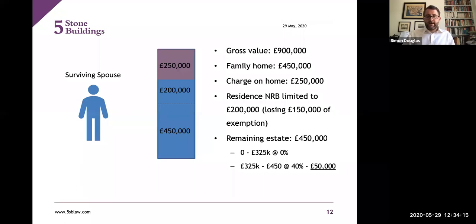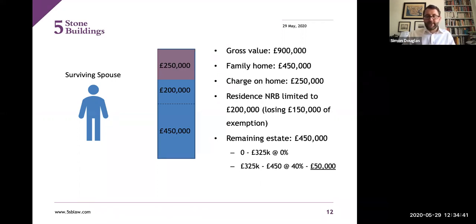Now, what can the surviving spouse do while they're still alive to prevent this happening? The first thing to say is that this liability to the trustees of the discretionary trust, we want to preserve. Because as we've said, that's how the discretionary trust scheme works.